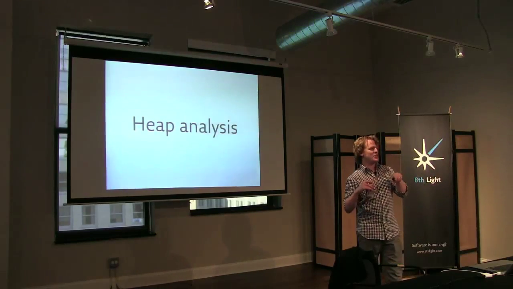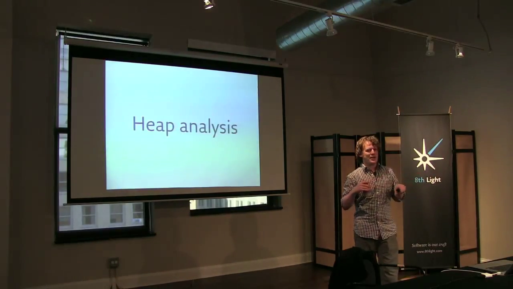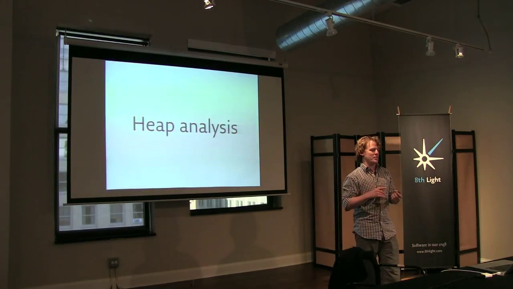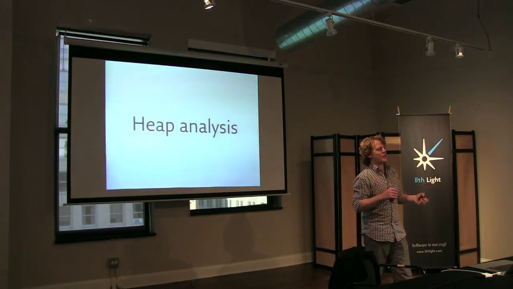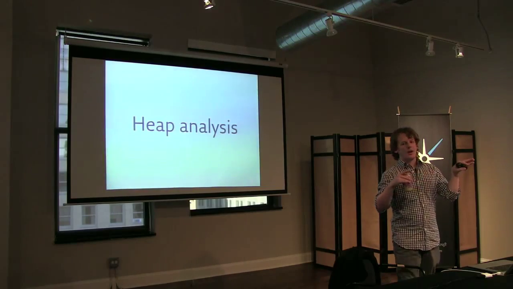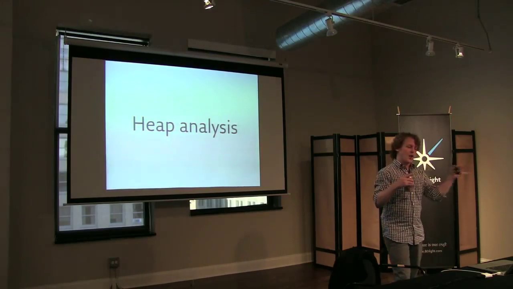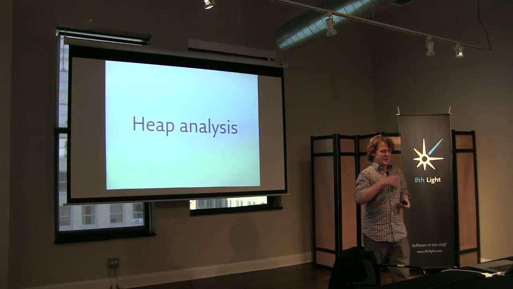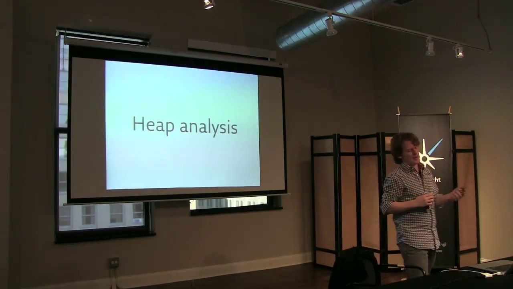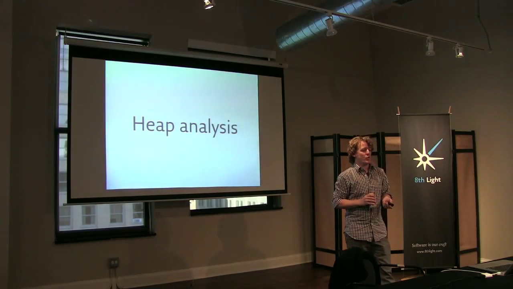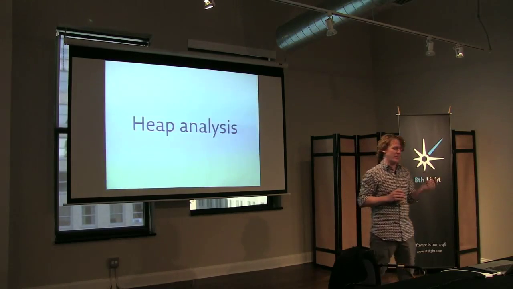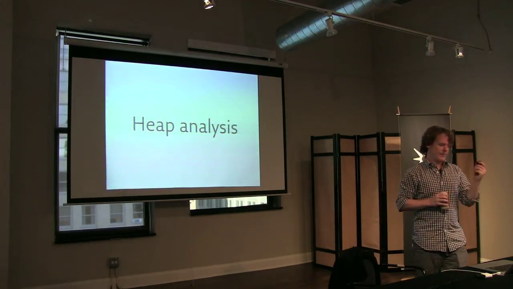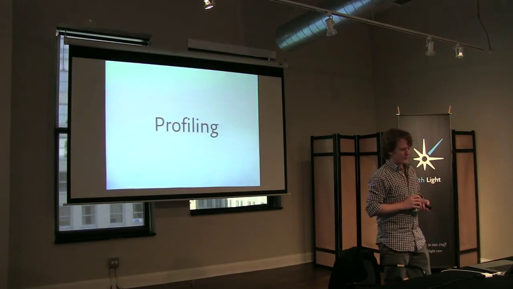And really, anytime you need to do any sort of analysis in memory, you're going to need some sort of visual tool, or there are query engines that allow you to make queries that are sort of SQL-like across a heap and see what objects are taking up the most room and what sort of relationships exist. But for me, I find that I really need a visual tool for those sorts of things, and that's not something I can do on the command line with any ability at all.